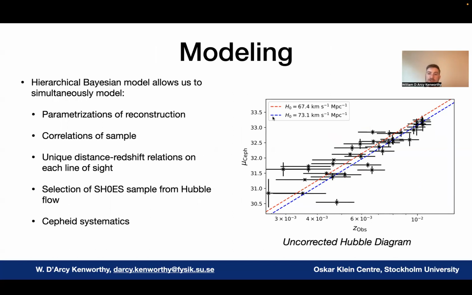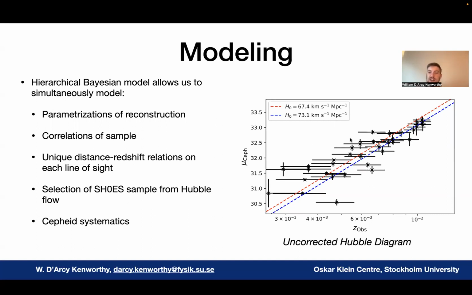In order to do our analysis jointly, considering all the effects I've talked about, we use a hierarchical Bayesian model that can marginalize over the uncertainties of these peculiar velocity reconstructions, the correlations of our sample, the unique distance redshift relations created on each line of sight by the different peculiar velocity profiles, as well as the selection of the SH0ES sample.